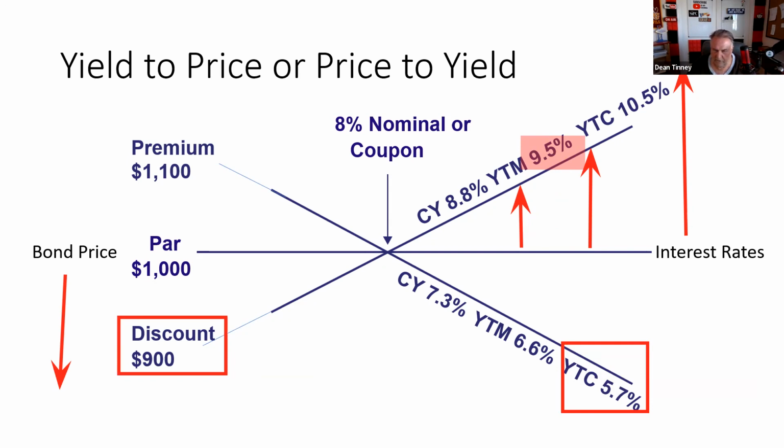And again, here comes the game again, right? We're going to take the yield and do the price or get the price and find the yield. Your client is considering buying a bond with a yield to maturity greater than the nominal yield.